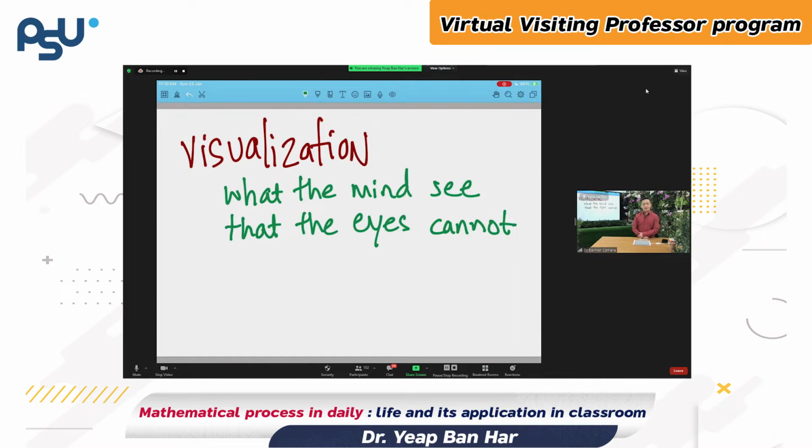Example, say in chemistry, atoms are not abstract, but they are so small. So small you cannot see using your eyes.